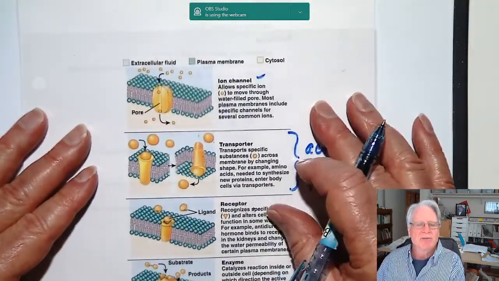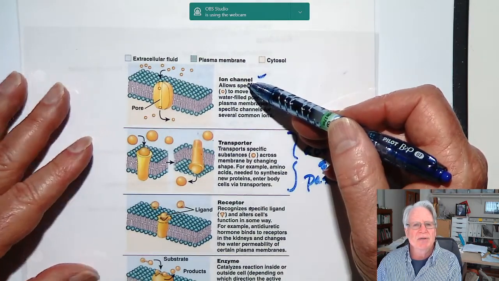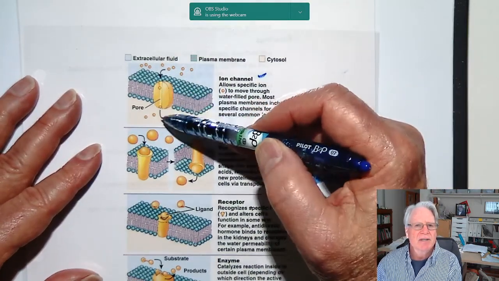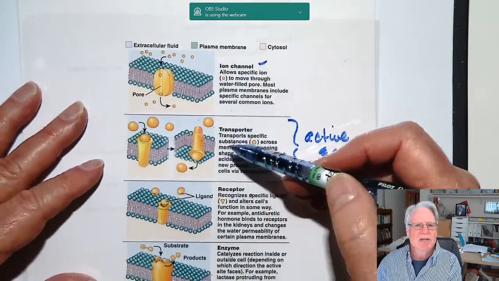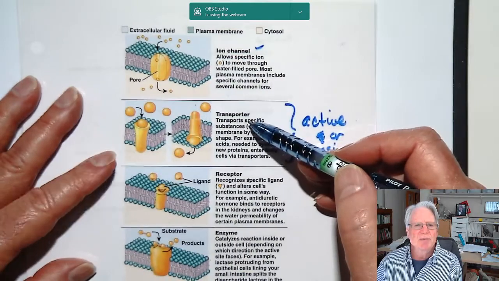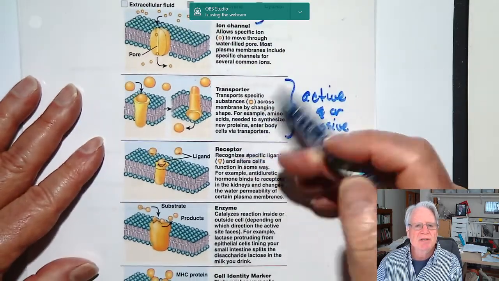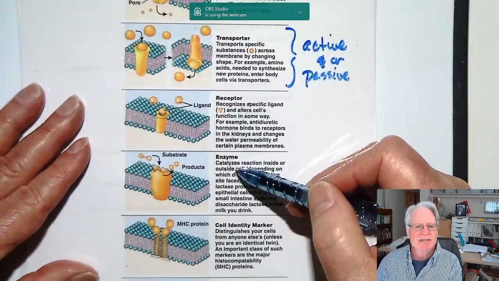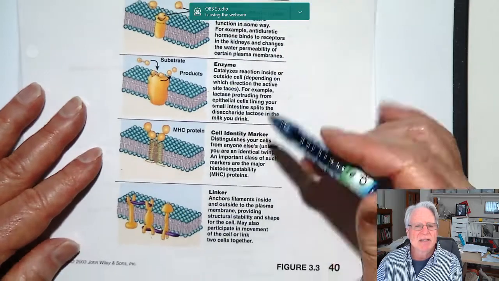And so as we go through this, we'll talk about so-called ion channel proteins. And you can see that is an integral protein. It goes all the way across. We'll describe that. We'll talk about transporter proteins. We'll talk about receptor proteins. We'll look at enzymes and cell marker proteins and linker proteins.